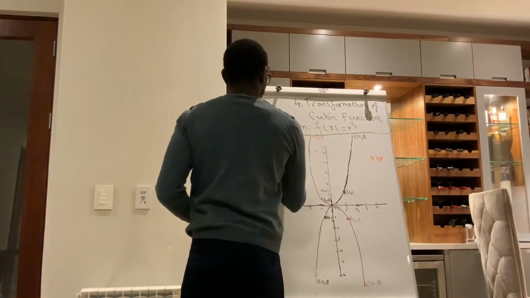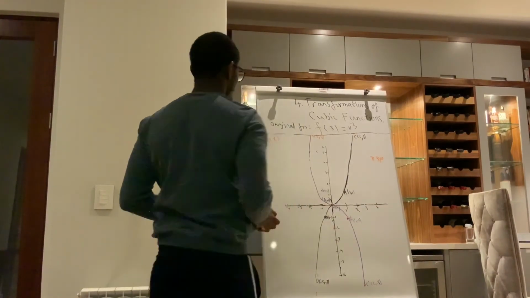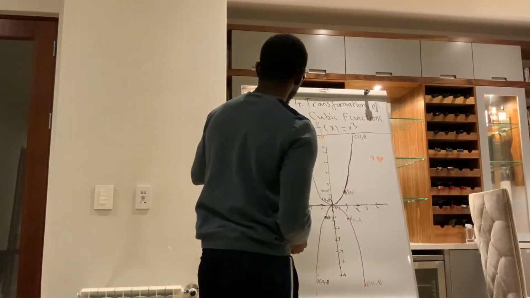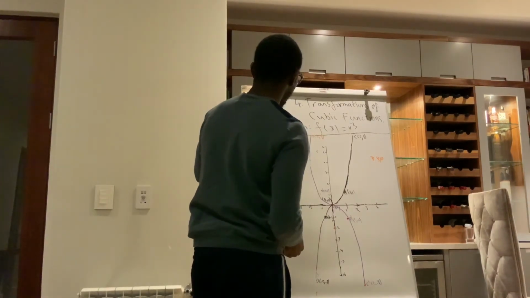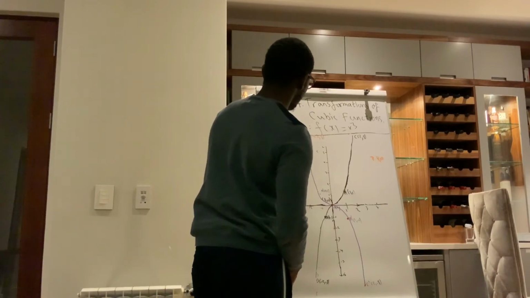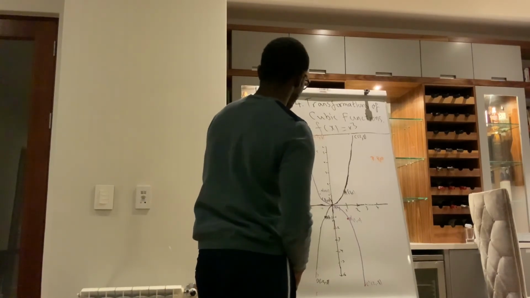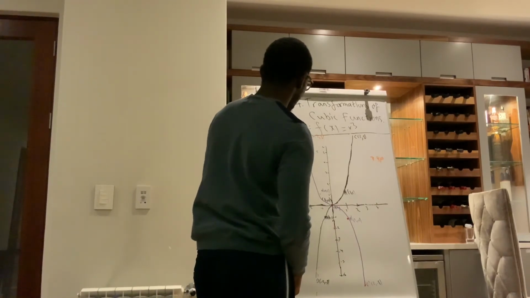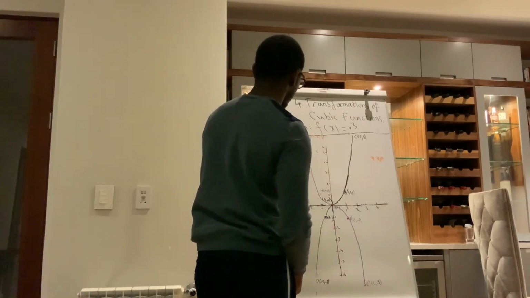We can also prove this algebraically. f of negative x is equal to negative x cubed, which is the same as negative 1 times x, all cubed, which gives us negative x cubed, right?